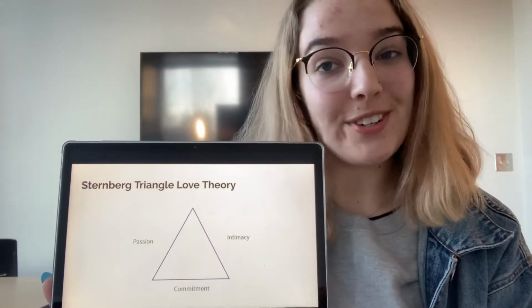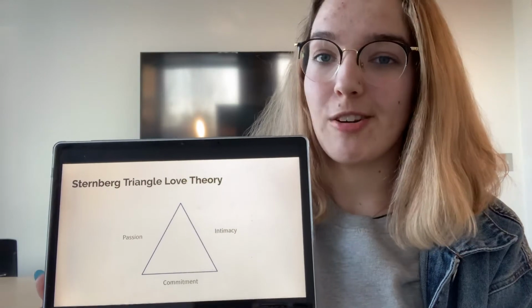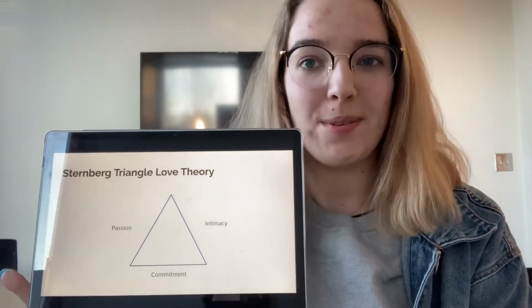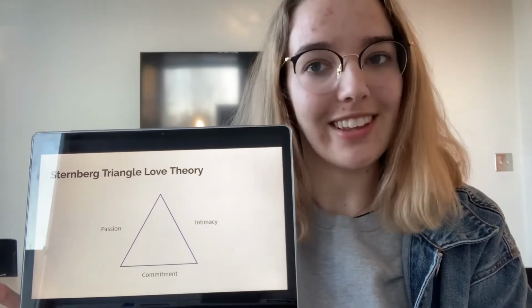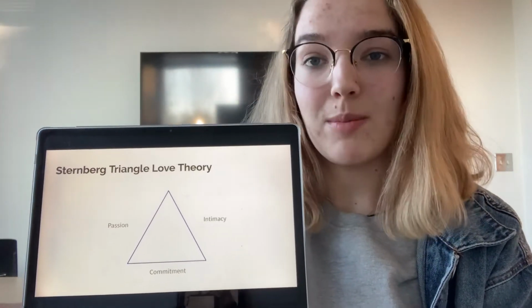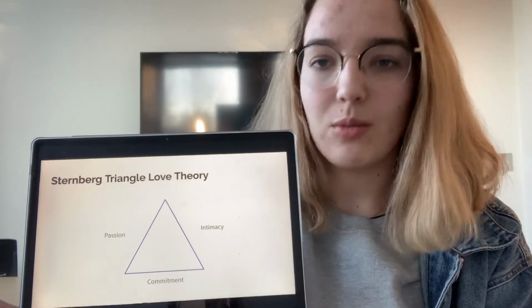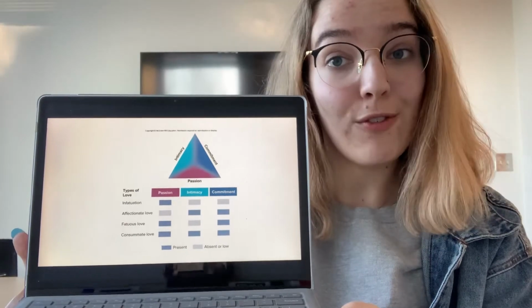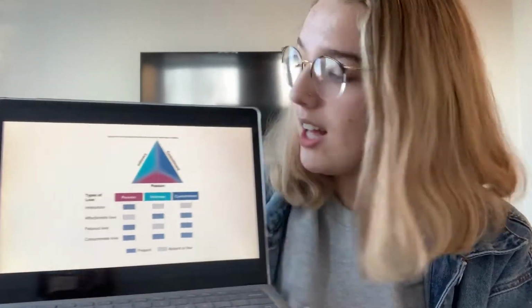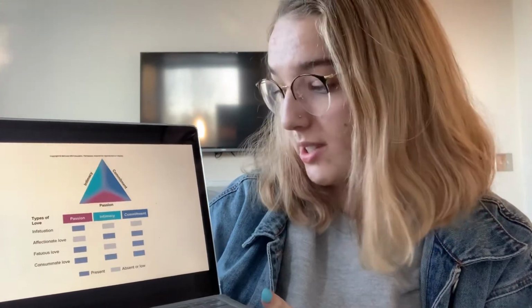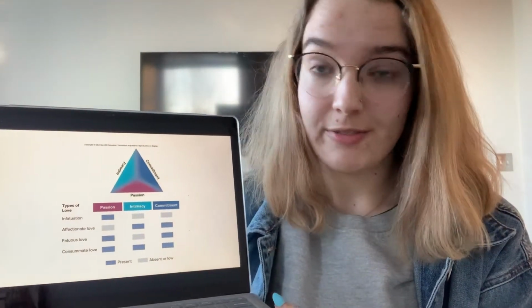Intimacy is the emotional connection between 2 people in a romantic relationship, and commitment is the promise that 2 people make to each other to stay together in that relationship. And when you have the 3 that come together, it creates the most ideal type of love, but we'll be talking about that later. And so we're going to be talking about 4 different types of love, and these are infatuation, affectionate love, fatuous love, and consummate love.